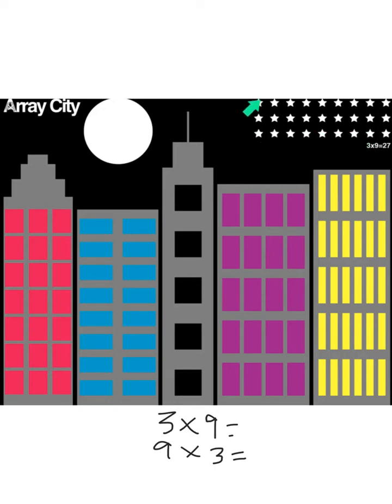So the total stars here: 3, 6, 9, 10, 11, 12 and so on up to 27. So it doesn't matter how I write it, 3 times 9 or 9 times 3, my answer is still going to be 27. It doesn't matter how you mix those up, they're still the same amount of stars, okay?